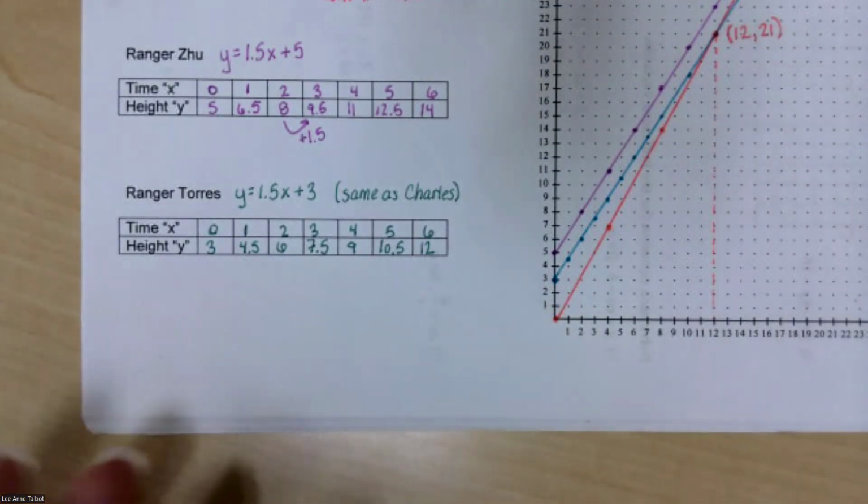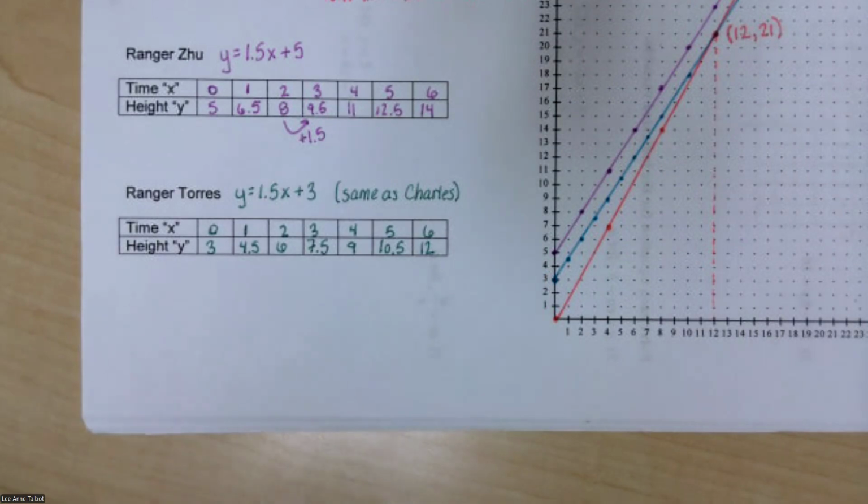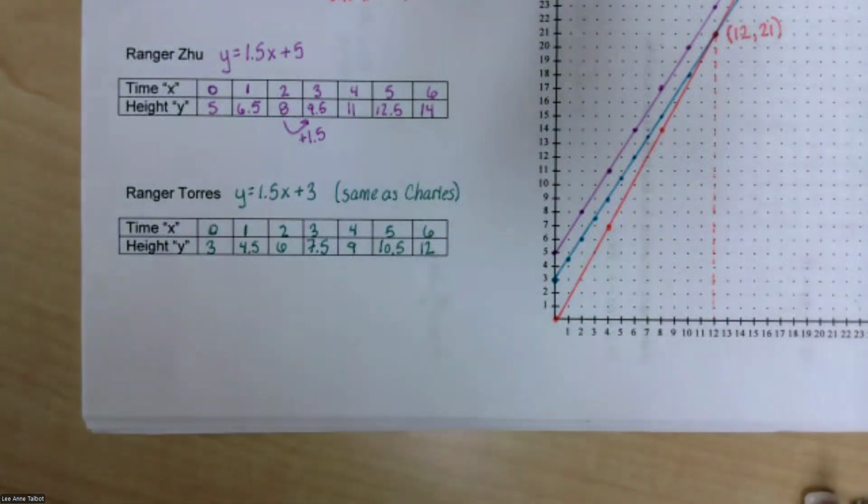Okay, I'm not even gonna graph Ranger Taurus because that's just gonna mess up my graph because I'd have to graph it right over top of Charles's line. They have the same exact line. Are they going to have the same height tree? Yes, forever. Exactly the same. I don't know that that actually is true in nature, but anyway.